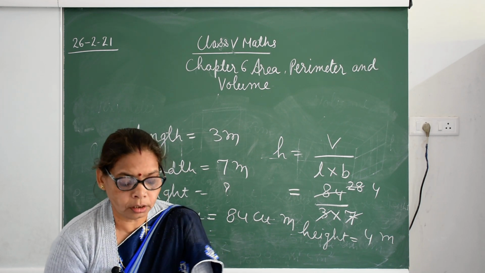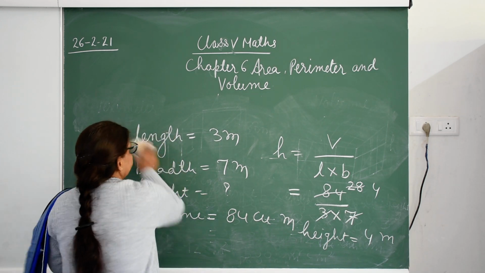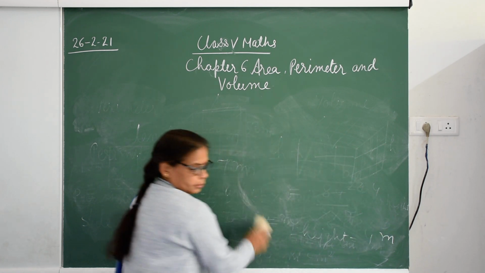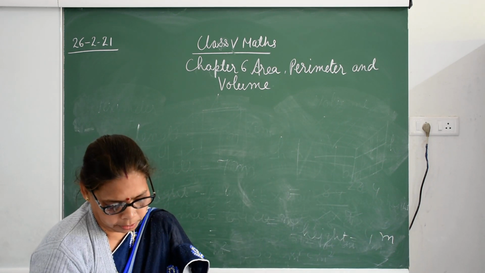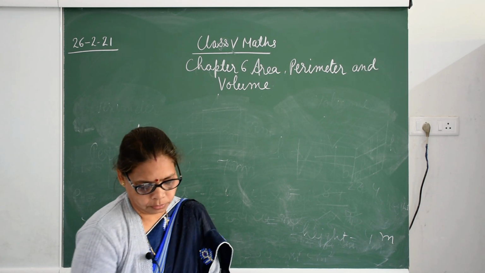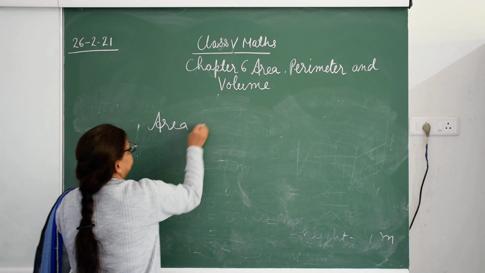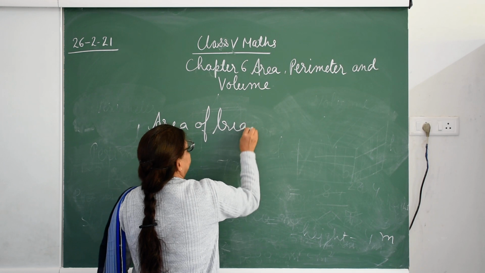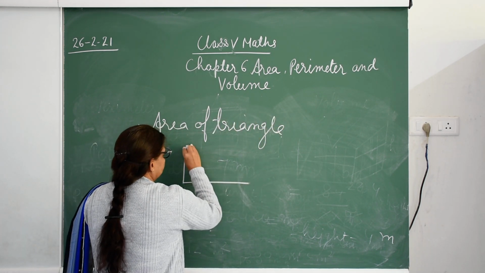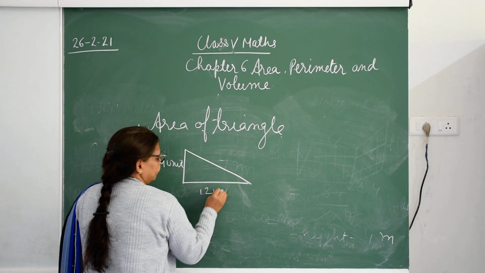Now how do you find the area of a triangle? Area of triangle, 4 units and 12 units.